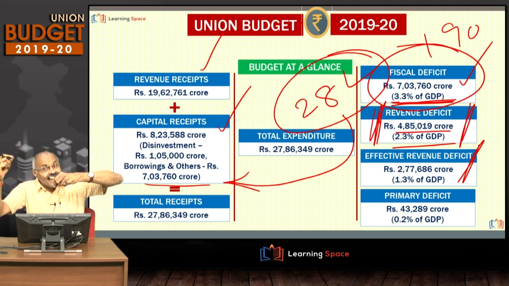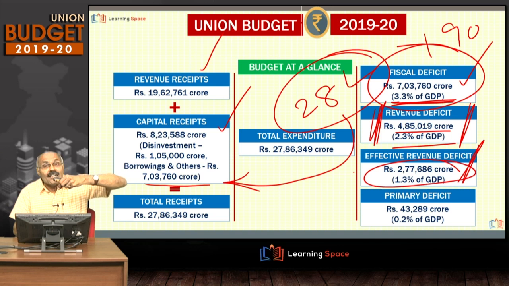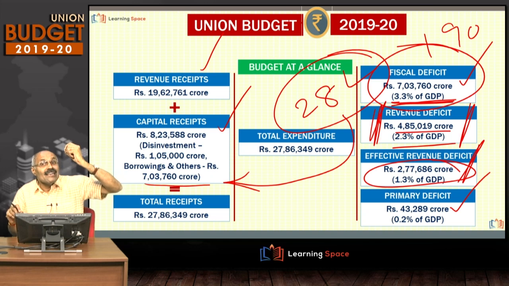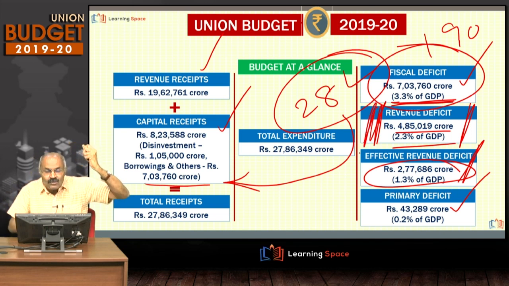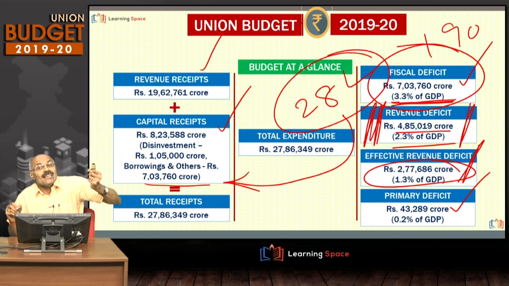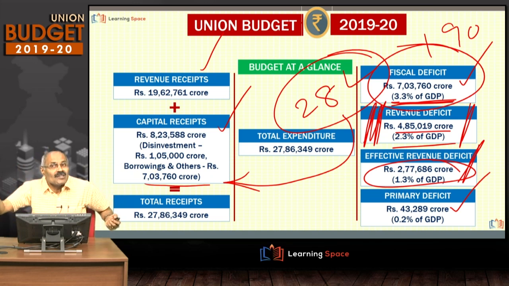If you subtract that, even then effective revenue deficit is close to 3 lakh crores, right? Primary deficit, I am not going into that. Primary deficit is nothing but fiscal deficit minus interest payments, right? What is the importance of that metric? I am not going into that, right friends? Most important is this revenue deficit, right? It should be wiped out. Otherwise what happens? You are borrowing money for day-to-day expenditure, right?